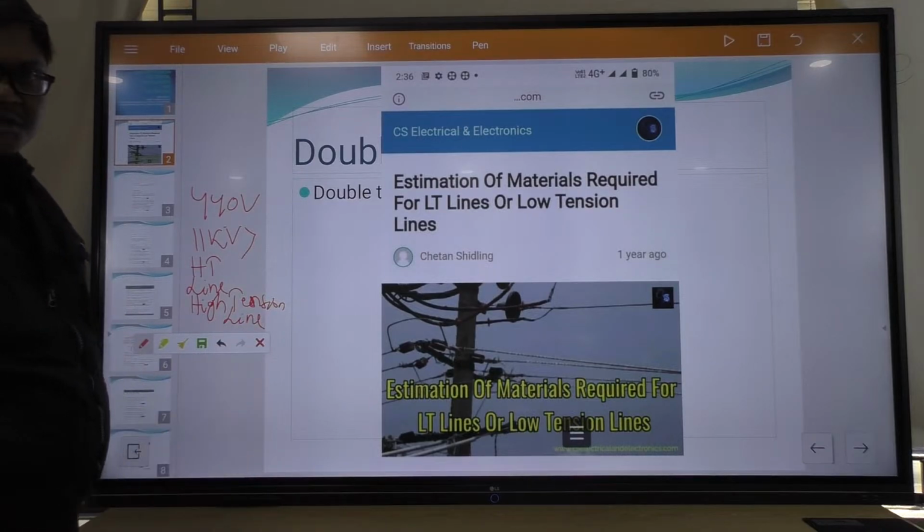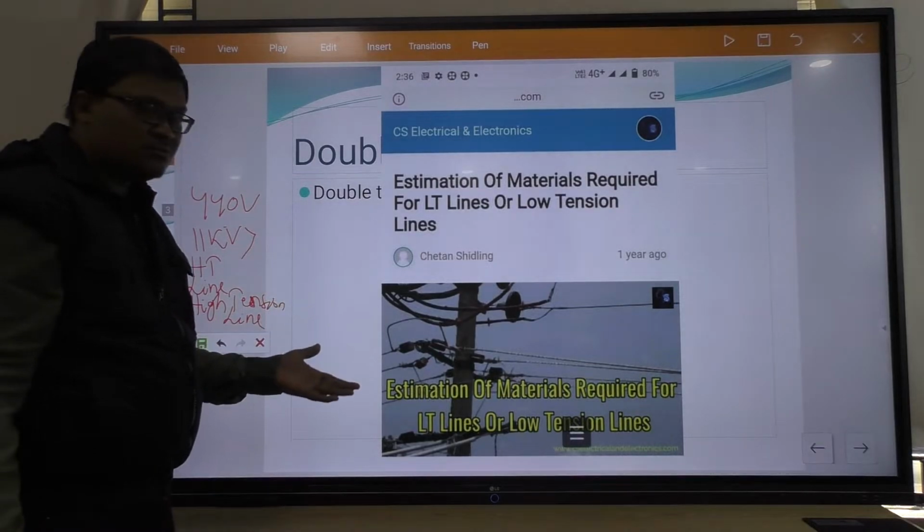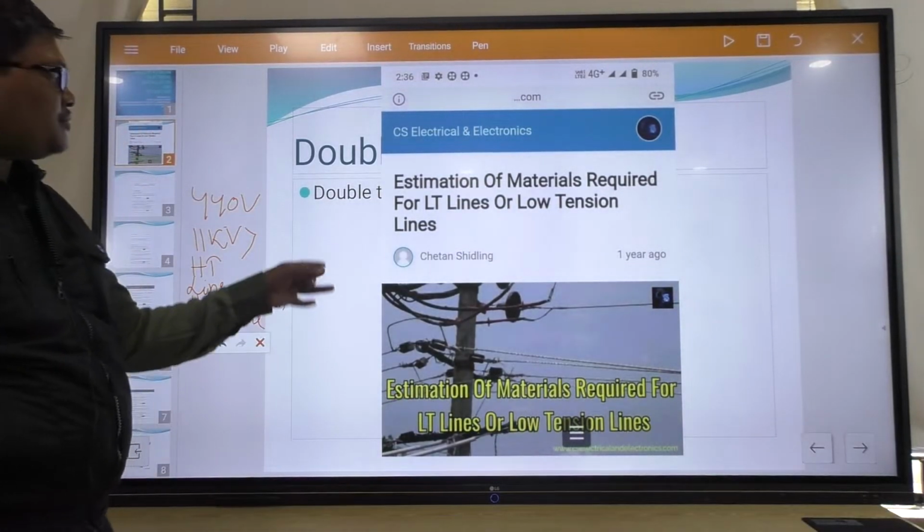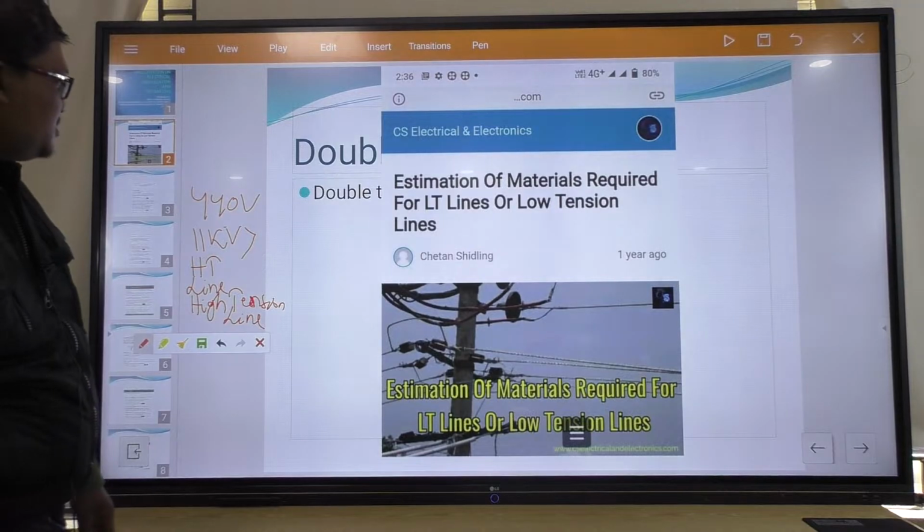So, if we have a maximum voltage up to 400 volt or 440 volt, then we have an LT line or low tension line.